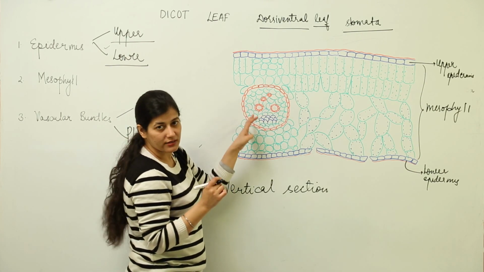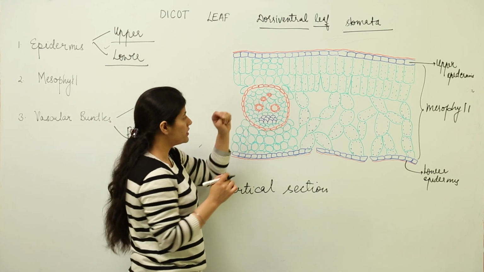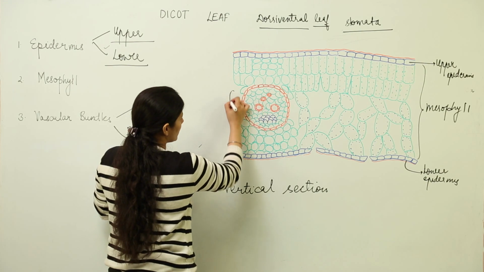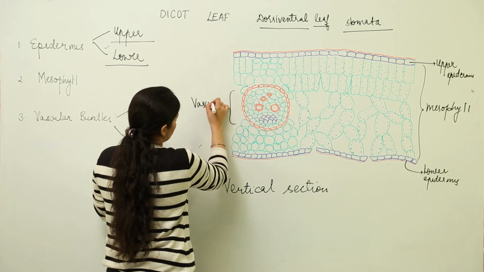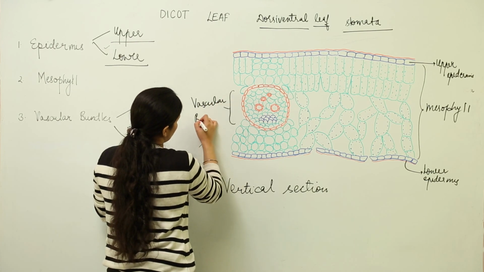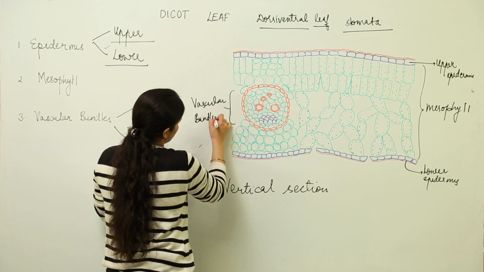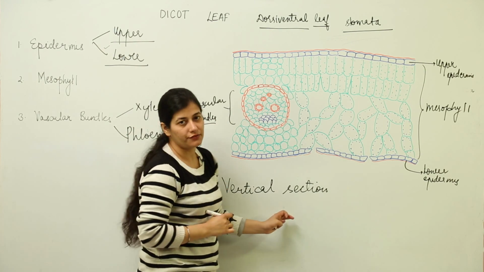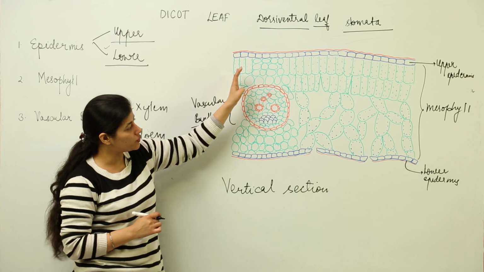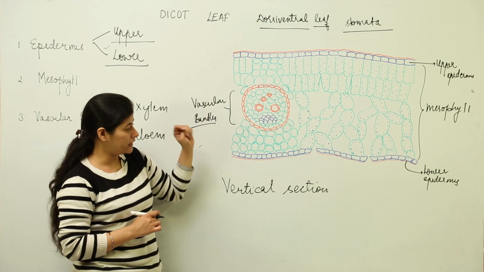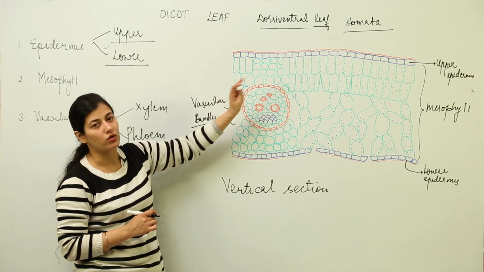This is the vascular bundle which is surrounded by the bundle sheath cells. So in this way you represent a dorsiventral leaf, that is the leaf of a dicotyledonous plant in its vertical section. This is the way of representing diagrammatically a vertical section of dicot leaf.